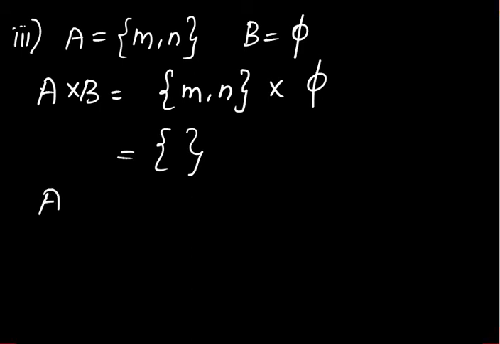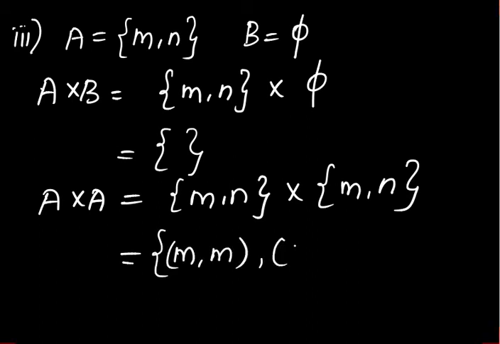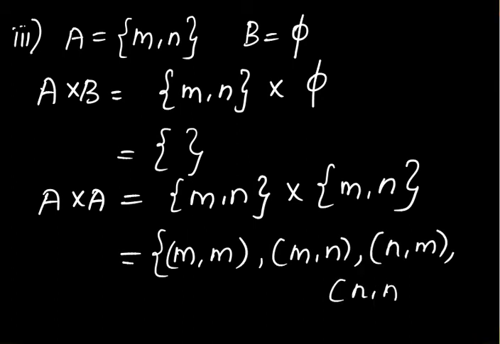Next is A cross A. A value is m comma n cross, again it's m comma n. Start with the first element m. So you will get m comma m, m comma n, n comma m, n comma n. Next, B cross A is again a null set.